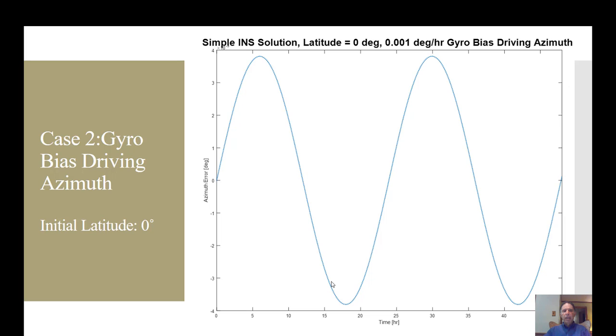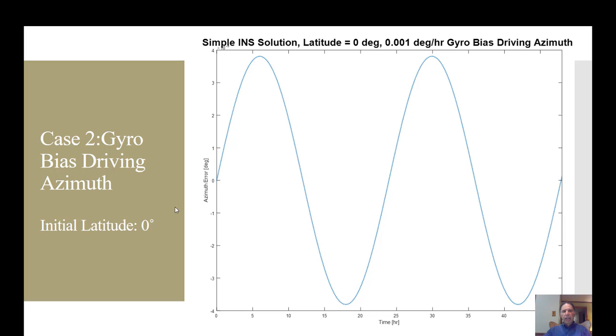Case 2, as you remember, has a gyro bias driving the azimuth axis, and the initial azimuth errors and other initial condition errors are 0.